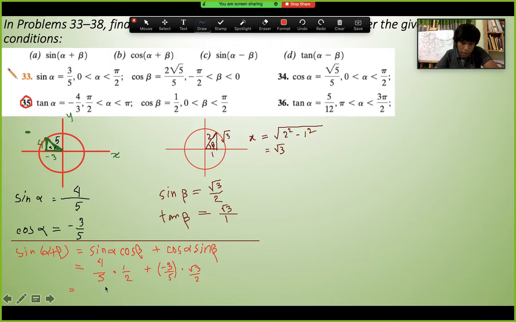So we can do it like this, it will become 4 by 10, then minus 3 root 3 by 10.